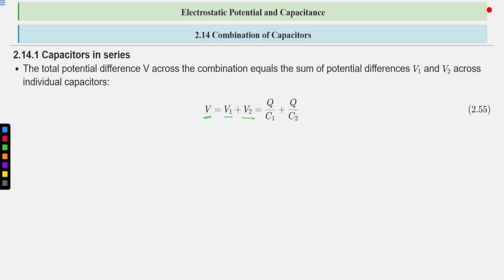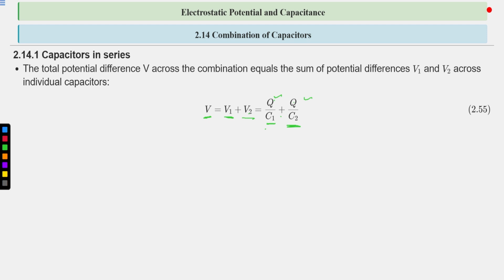So the potential difference across capacitor C1 is V1 equal to Q upon C1. Q is the same for both the capacitors. So V1 is Q by C1 and V2 is equal to Q by C2. From here you can see that V1 is inversely proportional to C1. So in series combination, the capacitor having higher capacitance will get lower voltage across it, and the capacitor with lower capacitance will get higher voltage across it.